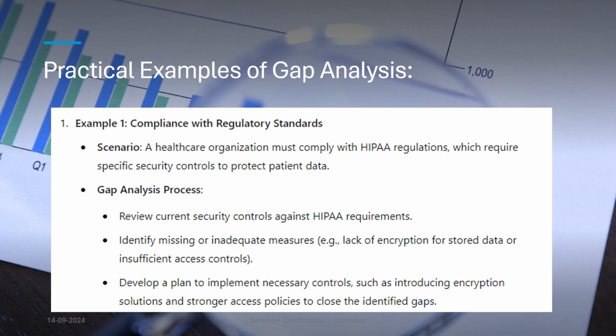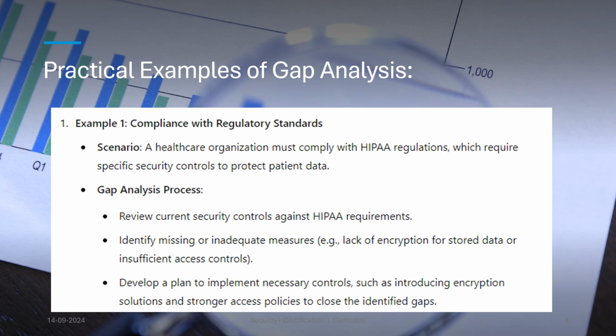Let's take a look at some practical examples of gap analysis. Example one, compliance with regulatory standards. Let's say that a healthcare organization must comply with HIPAA regulations, which require specific security controls to protect patient data. So, the gap analysis process would be something like this, obviously a simplified version, just to give you an idea what this means.